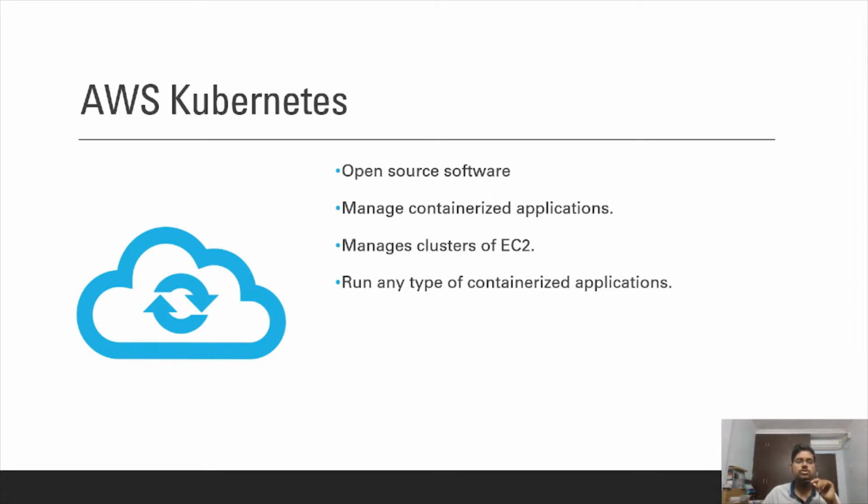Kubernetes is open source software that allows you to deploy and manage containerized applications. Kubernetes manages clusters of Amazon EC2 compute instances and runs containers on those instances. Using Kubernetes, we can run any type of containerized application using the same toolset on premises and in the cloud.